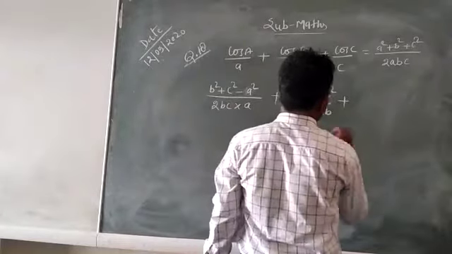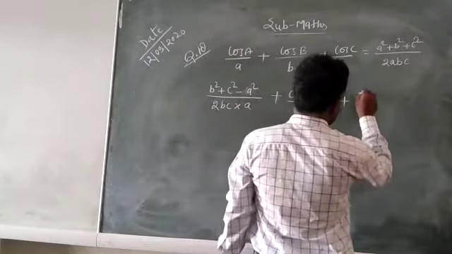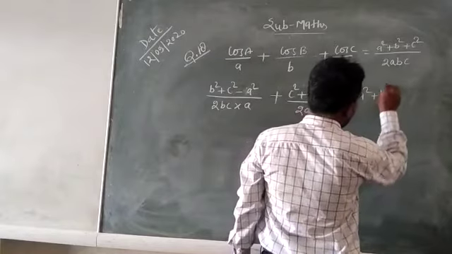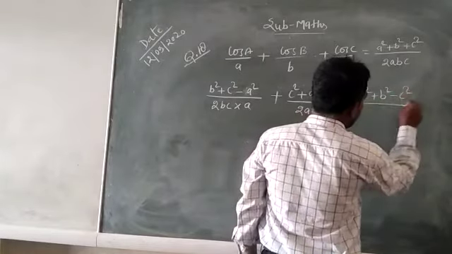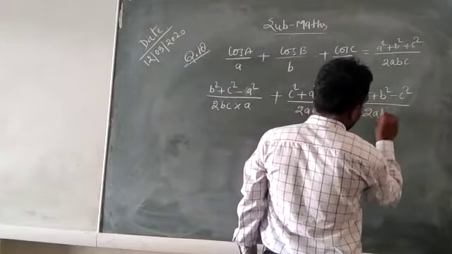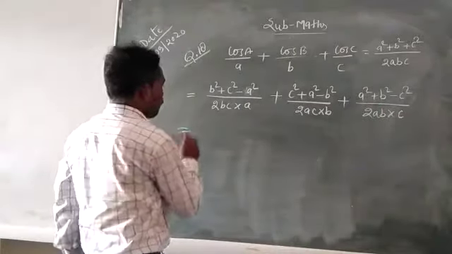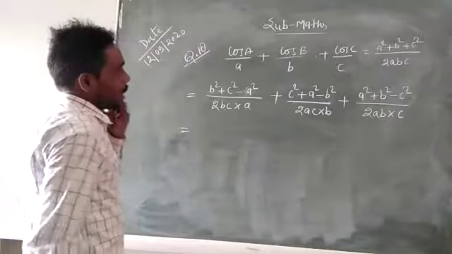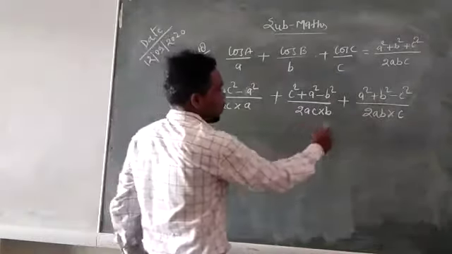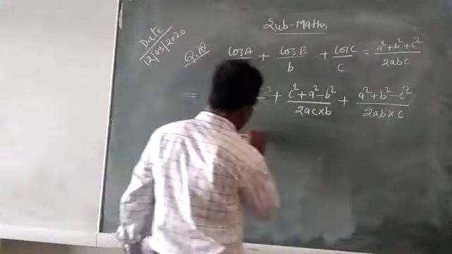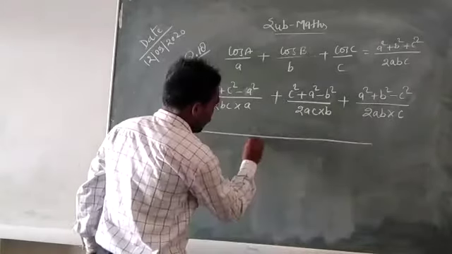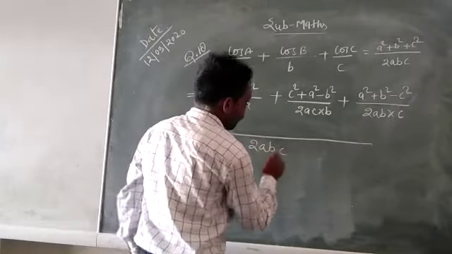And cos C means a square plus b square minus c square divided by 2ab, multiplied by c. So you see 2abc, 2abc, 2abc. If we find the LCM, we get 2abc.